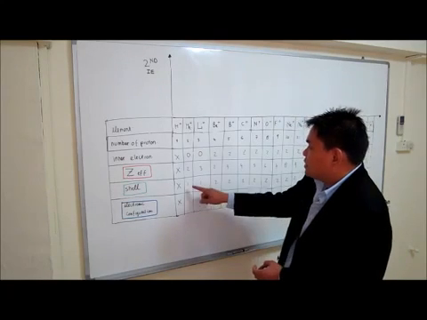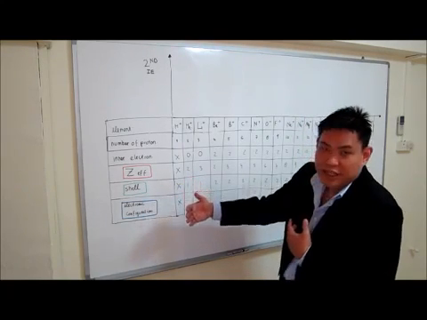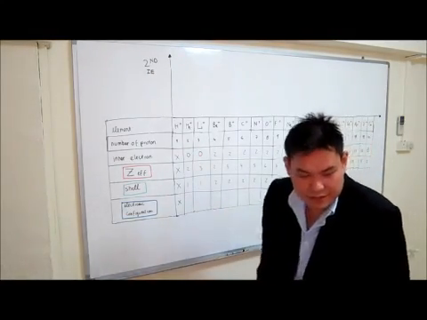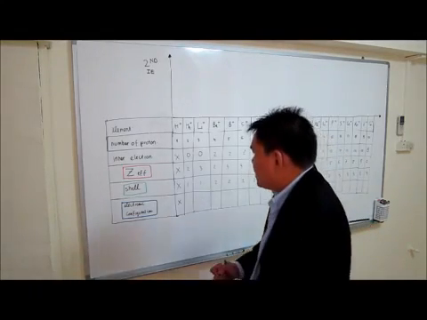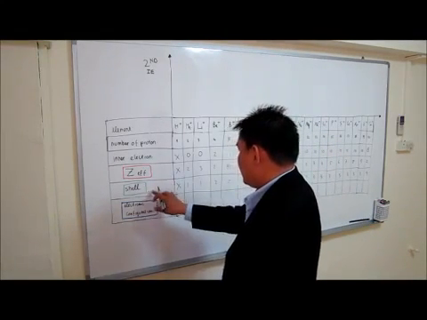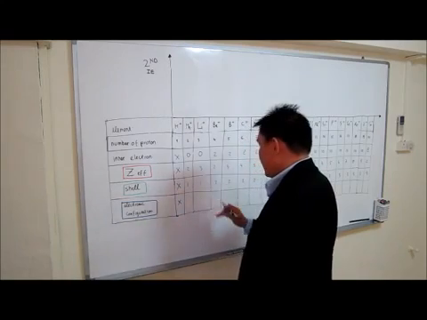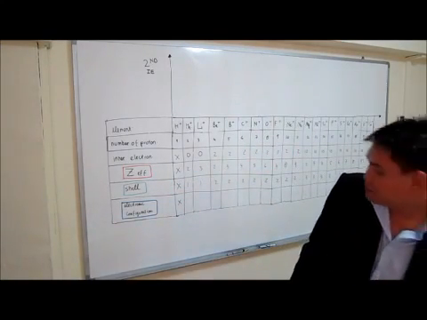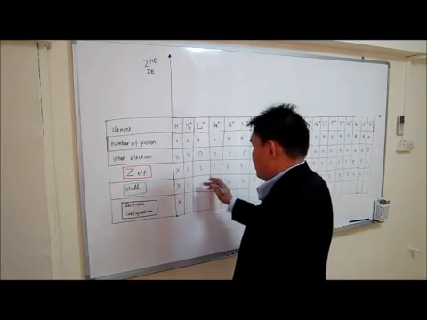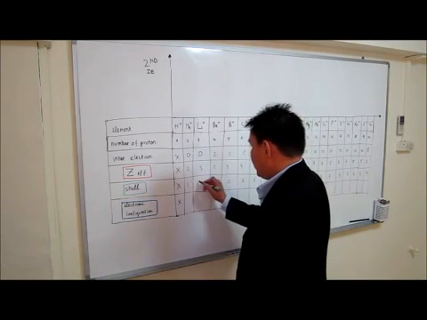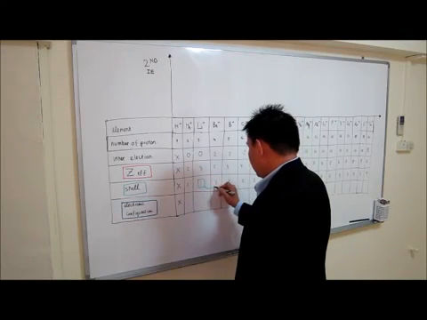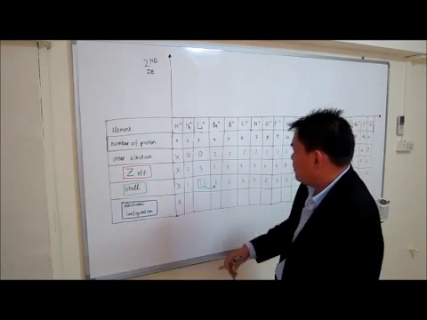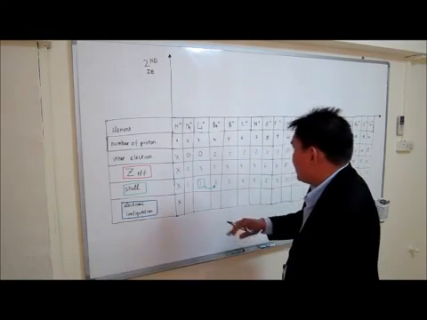If you have more shells, then the electron will be further away from the center. So if you have an increase in the number of shells, you're going to have a very significant decrease in the second ionization energy.